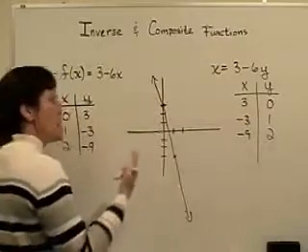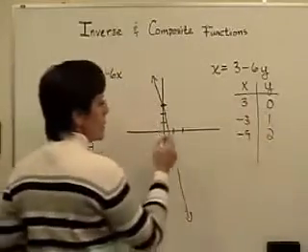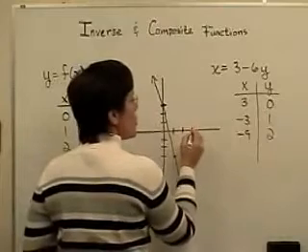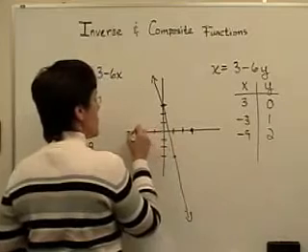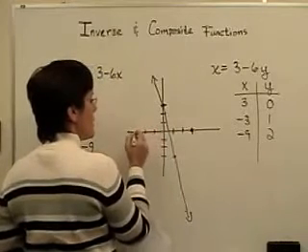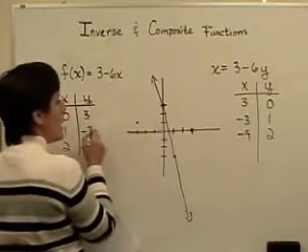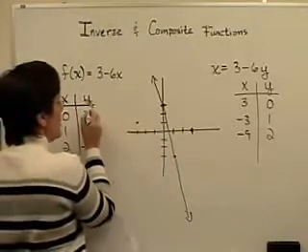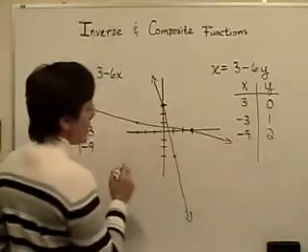Again, remember, an inverse relation is when you have an ordered pair and the values switch places. So my first ordered pair is x is 3, y is 0. My next is x is negative 3, y is a positive 1. So that's right here. And then x is negative 9 way out here somewhere and a positive 2. And so I get a straight line that looks like that for its inverse.